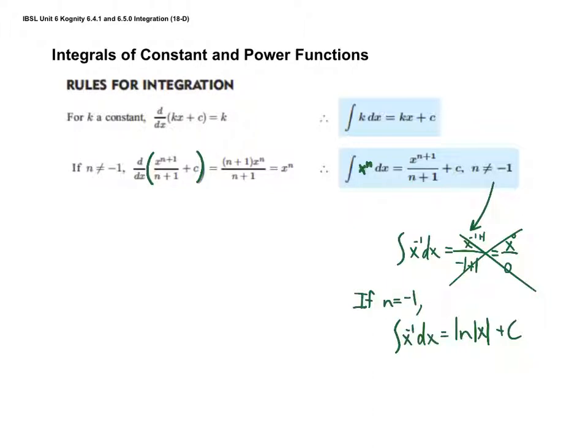Now, we skipped that first one there for k being a constant. The integral of a constant, it says, is kx plus c. Well, let's look at that. If I looked at it in terms of the second function, the constant k, I could rewrite as k times x to what power? No, because that would be kx squared, not just k.